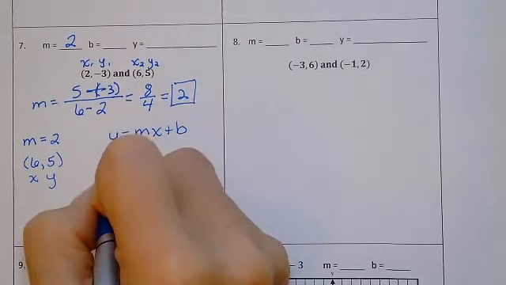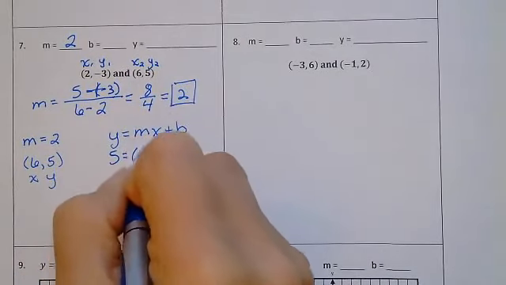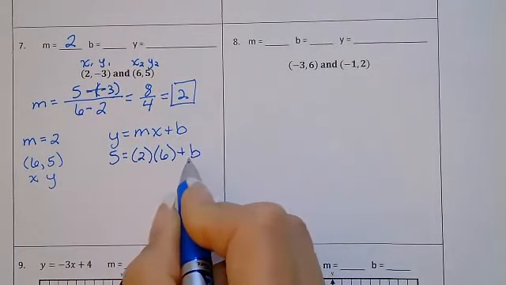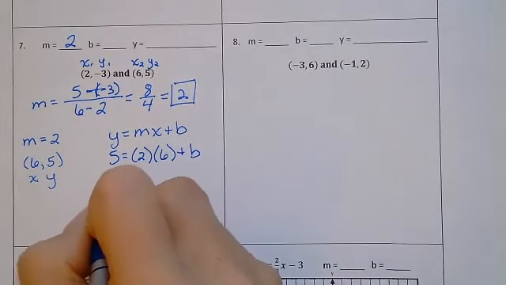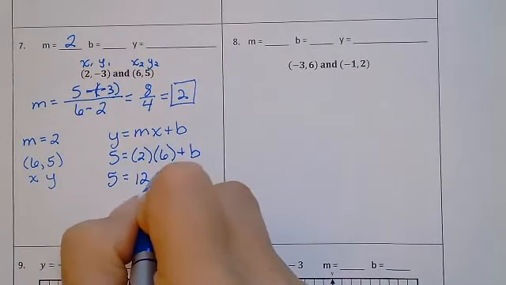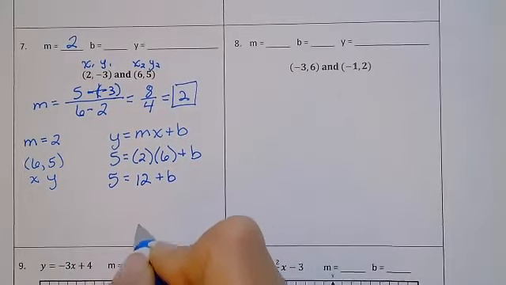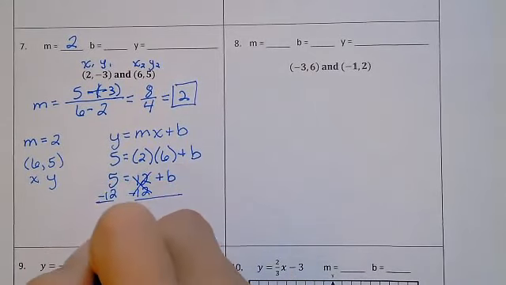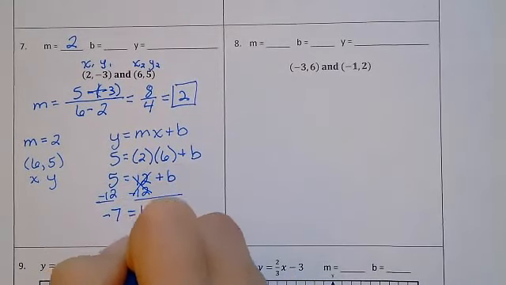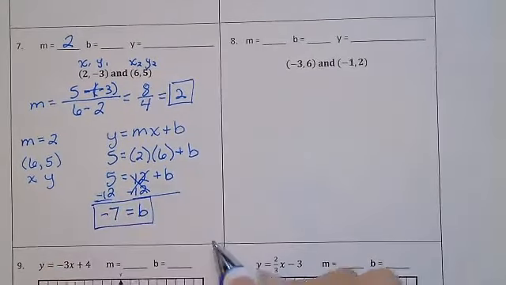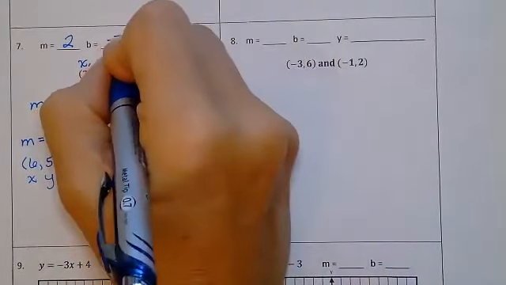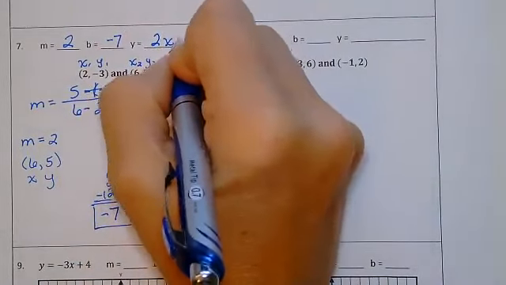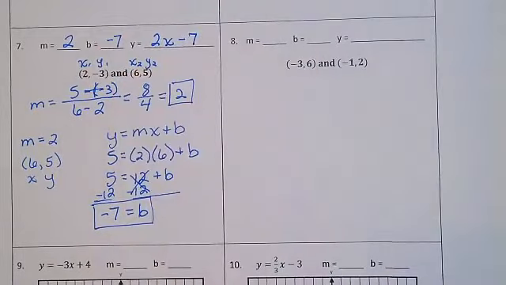So y is 5, m is 2, x is 6, and now we're going to solve for b. 5 equals 12 plus b. Subtract 12 from both sides. -7 equals b. Okay, so now we're ready to write it in slope-intercept form. Y equals 2x minus 7.